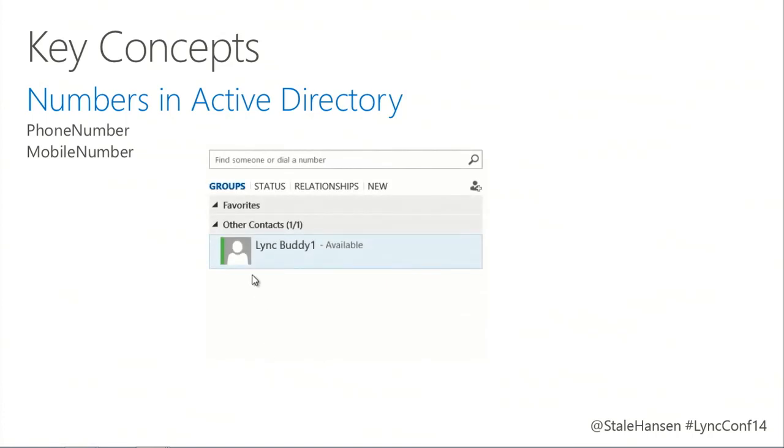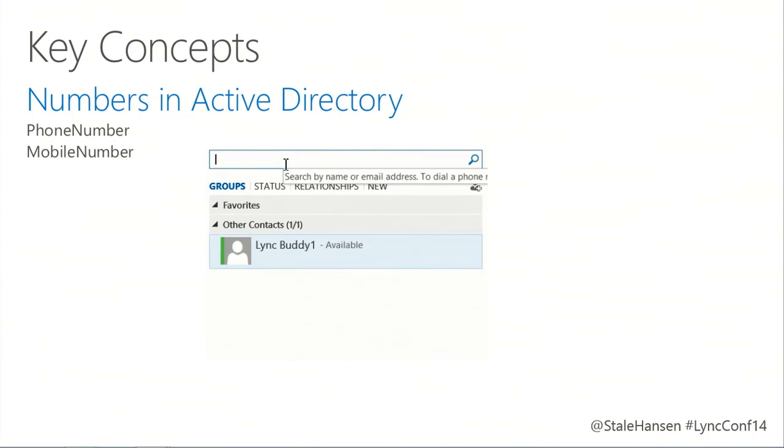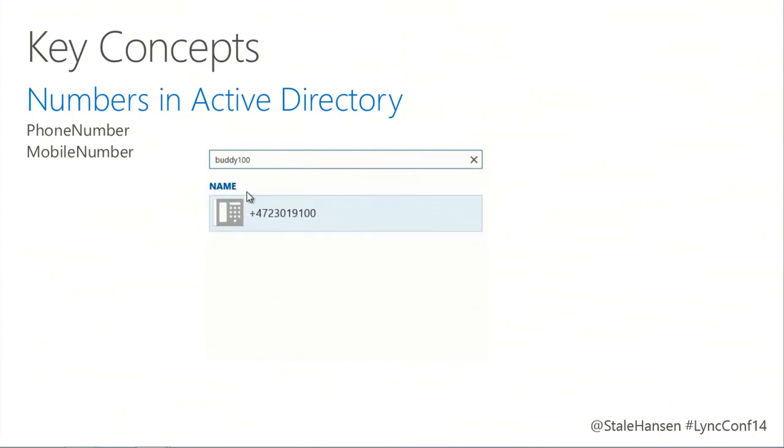Let's look at how it is shown in the Lync client. If you do a drop-down on the phone in Lync, you will see those numbers again. And I recommend having them in this format because the key concept with Lync is you are calling a person and not a number. No one remembers numbers anymore.